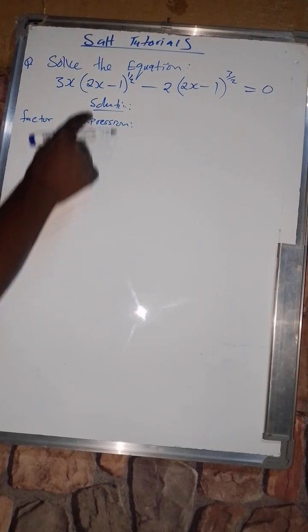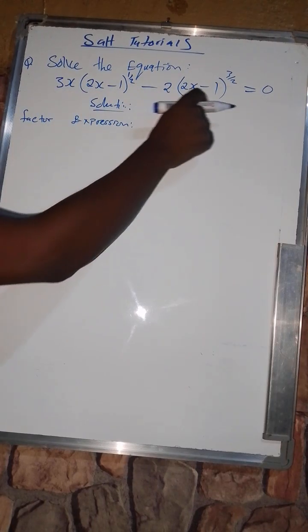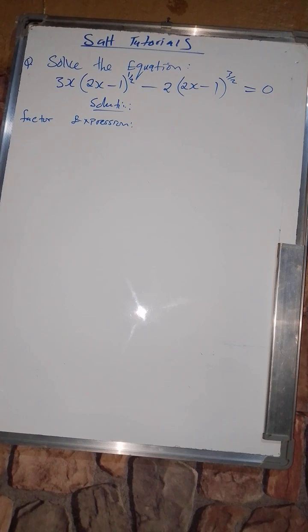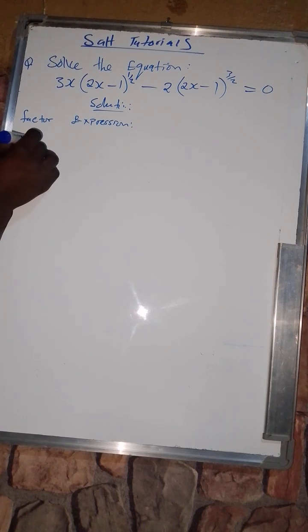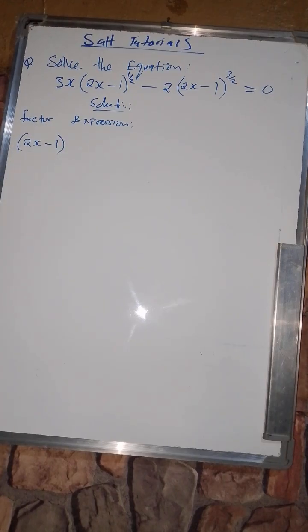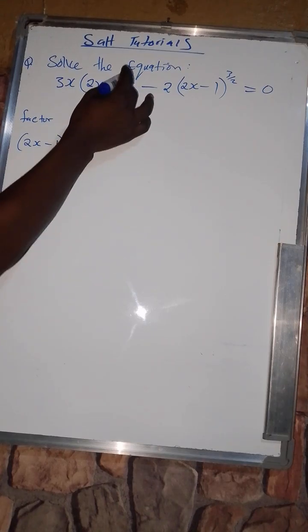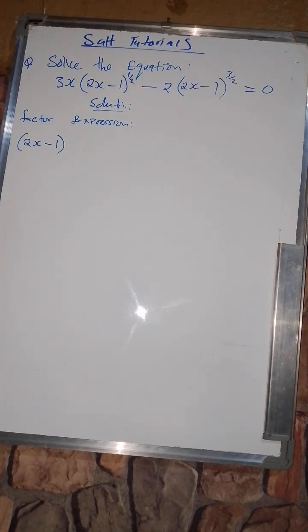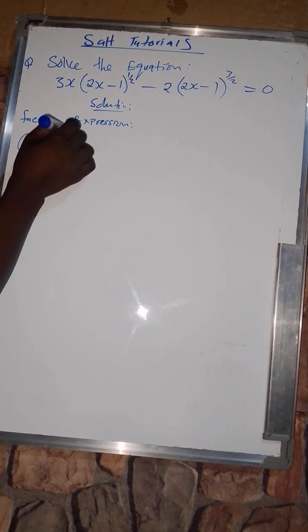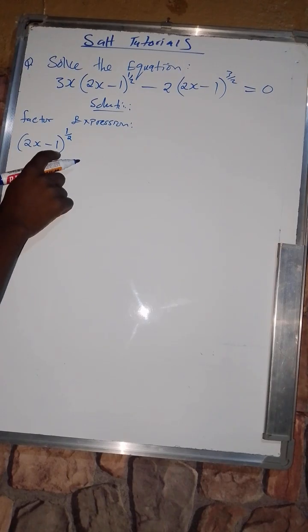If I look at this term and this term, what common item am I able to see? The only thing I'm able to see is 2x minus 1. But every time we factor out something, we factor out the term with the lowest power. So ask yourself, between 1 over 2 and 3 over 2, which is big and which is small? Obviously 1 over 2 is small. So we are going to factor out (2x minus 1) to the power 1 over 2.